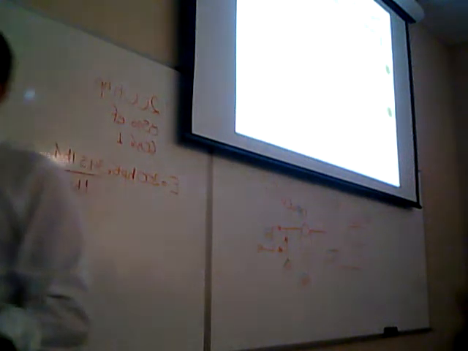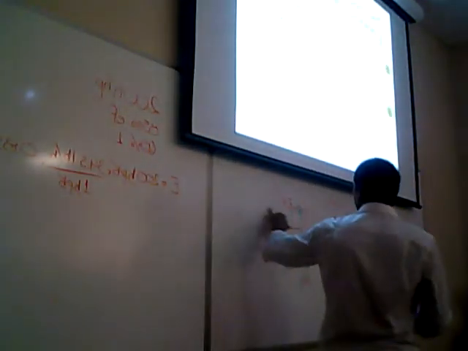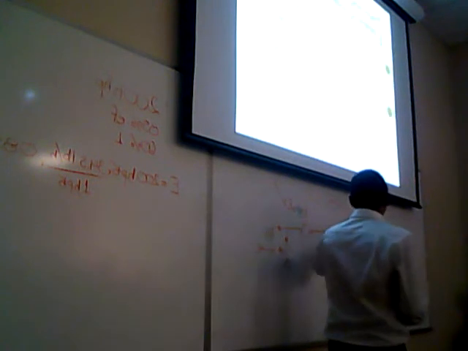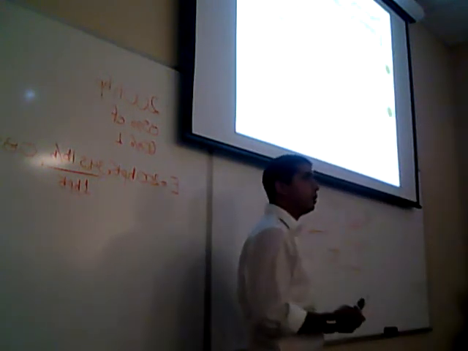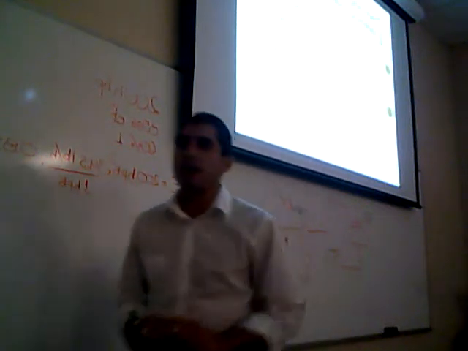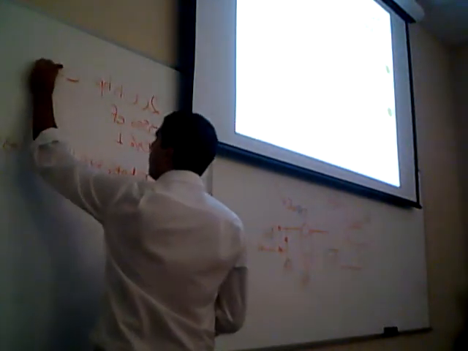Now we want to know the blowdown. For the blowdown, we need to know the cycle of concentration. The cycle of concentration is going to tell us how many times the water has to go into the system before we have to discharge this water. In this case, the cycle of concentration is 5.